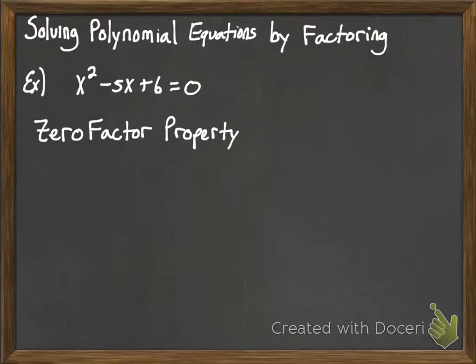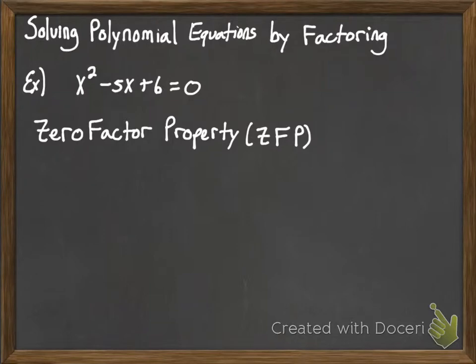Now the zero factor property has a really fancy name, sounds very stuffy. Zero factor property. How are you today, sir? I like to give it sometimes a little bit of a funner name. So I abbreviate zero factor property to ZFP, and then I can sound it out. ZFP. The ZFP.